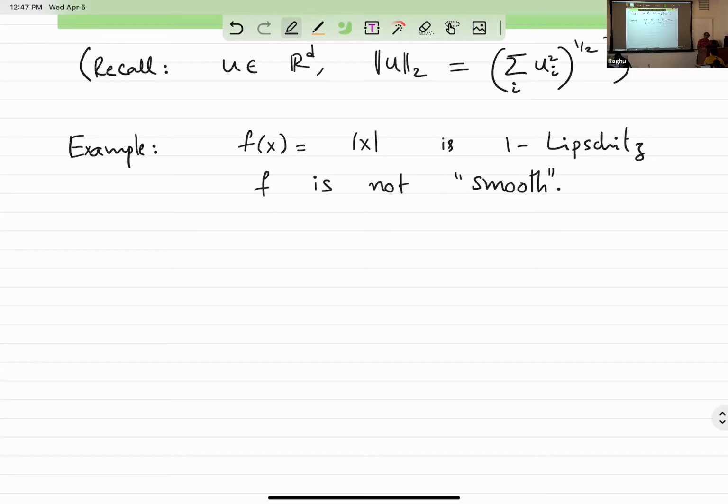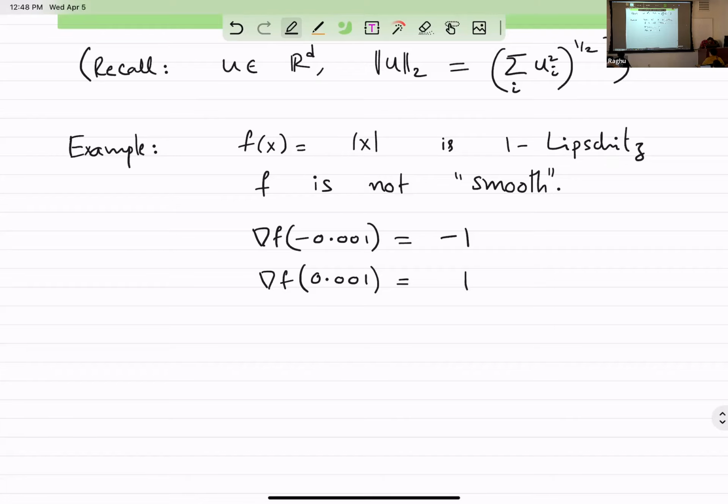Why is that? The gradient at a point which is minus, let's say, 0.01 is -1. The gradient at 0.001 is 1. More generally, if I take any small value here, if it's negative, the gradient is -1. If it's positive, the gradient is 1. So it's not smooth for any finite beta.